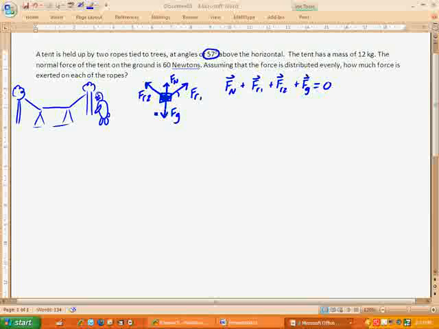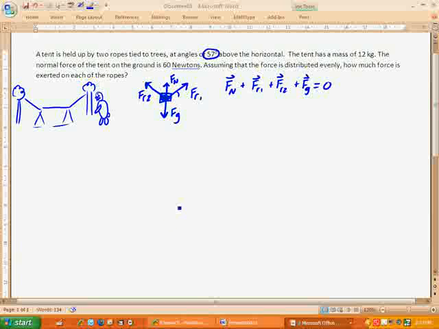Or I can take it in the y direction and take each of those pieces in the y direction, or I can do it in the x direction. Now the normal force and the gravity force don't have x components, but these two do. Okay, so what I'm going to do is take the y components of each of these, the up and down, and we're going to create an equation for that, and we're going to solve for how much force is exerted on the ropes in the vertical direction.